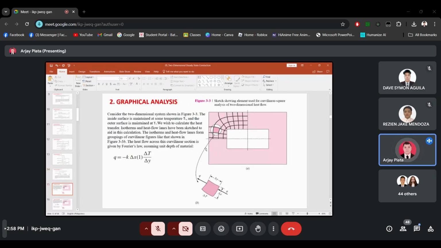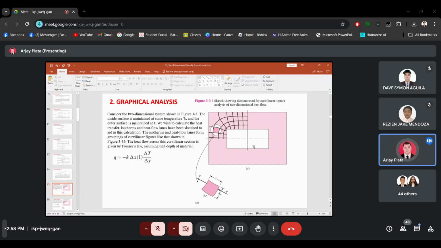As for the graphical analysis method, consider the two-dimensional system as shown in this figure. The inside surface is maintained at some temperature T1. We wish to calculate the heat transfer. Isotherms and heat flow lines have been sketched to aid this calculation. The isotherms and heat flow lanes form the groupings of a curvilinear figure, like as shown in this figure.